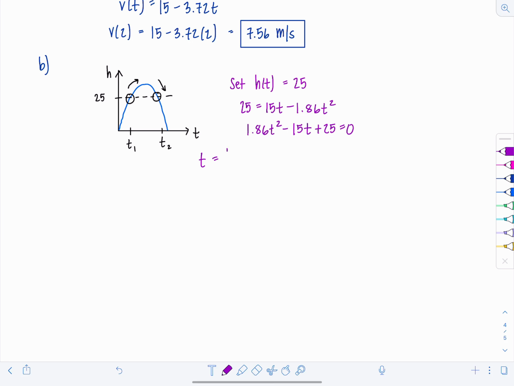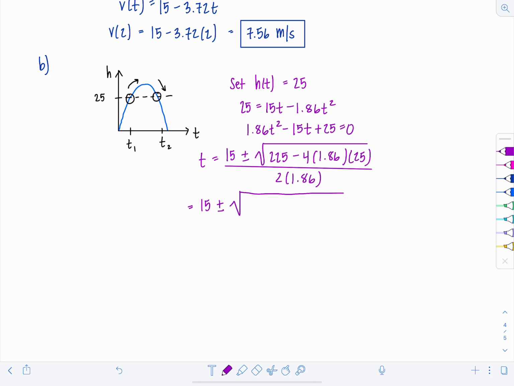Okay, so t equals 15 plus or minus the square root of b squared, so negative 15 squared, that's 225, minus 4 times a times c, all over 2 times 1.86. So this is 15 plus or minus the square root of 225. Well, 4 times 25 is 100. 100 times 1.86, that's 186. Over 2 times 1.86, we just did it. It's 3.72.